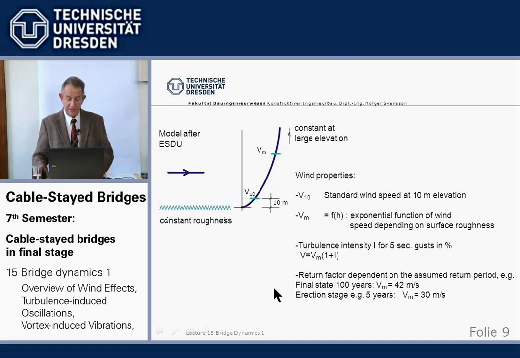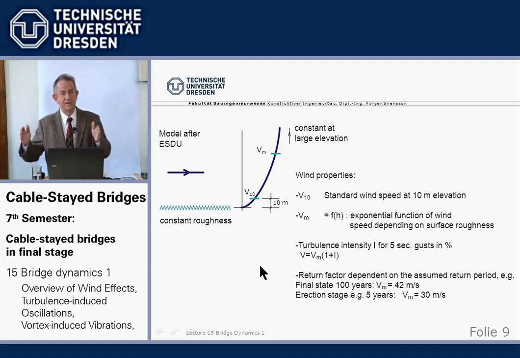and in addition to these two, 10-meter speed and the turbulence intensity, we must consider the probability of how often a wind speed occurs. And it's clear that if we want to know the highest wind speed in a 100-year period, that's much higher, which, for example, should be for the life of the bridge.